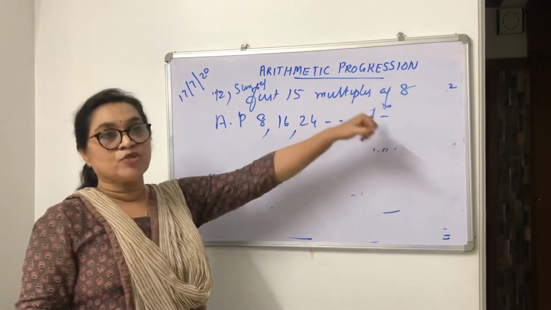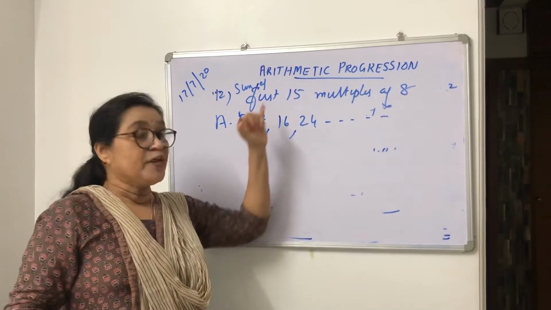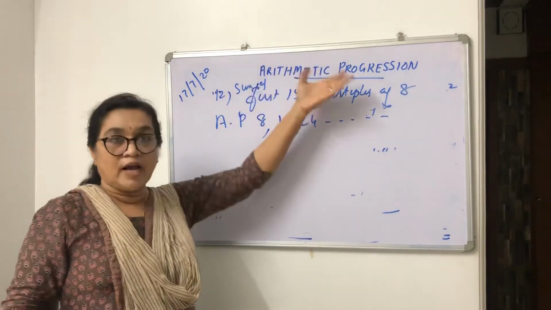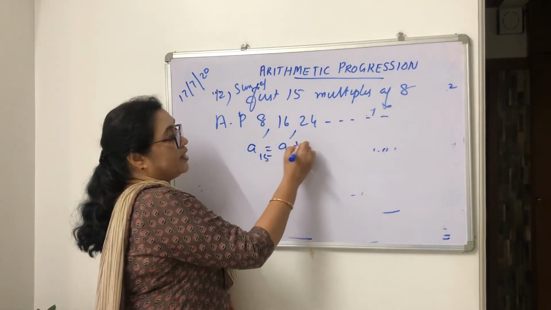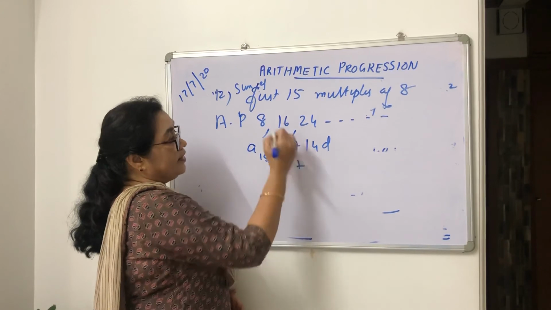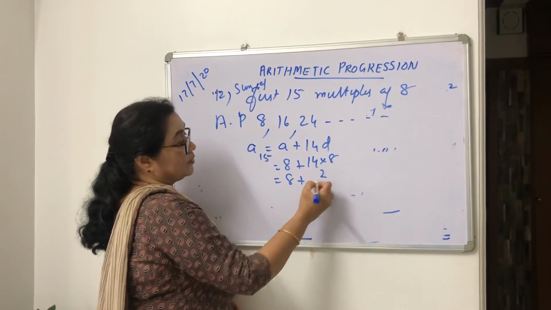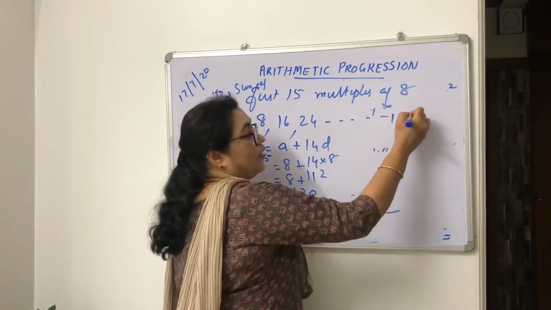How many terms should be there? 15 multiples of 8. As I have shown in the last question, you find out A15, that is A plus 14D. A is 8, D is also 8, 8 plus 112, that is 120. So the last term is 120.